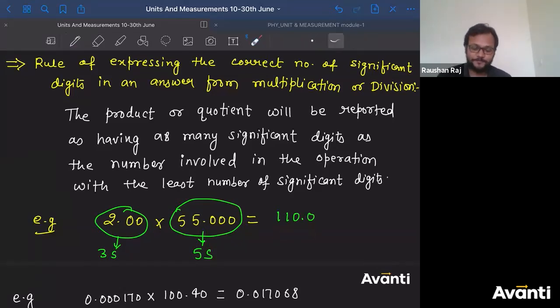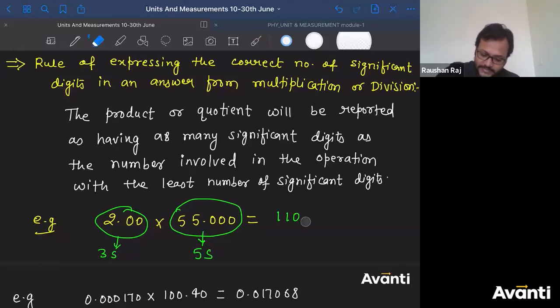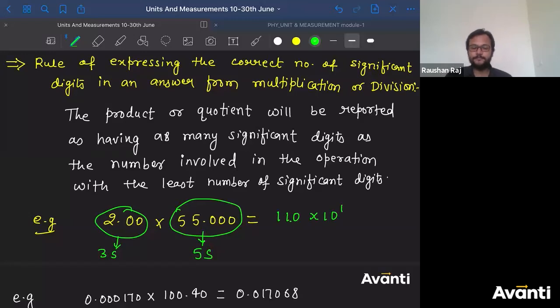Now it has become 4. The resultant should have only 3 significant digits. What will I do? I will put a decimal here and write into 10 to the power 1. Got it, guys? Did you understand what I have written? 11.0 into 10 to the power 1. So the answer for this will be 11.0 into 10 to the power 1. So the number of significant digits is 3 here.